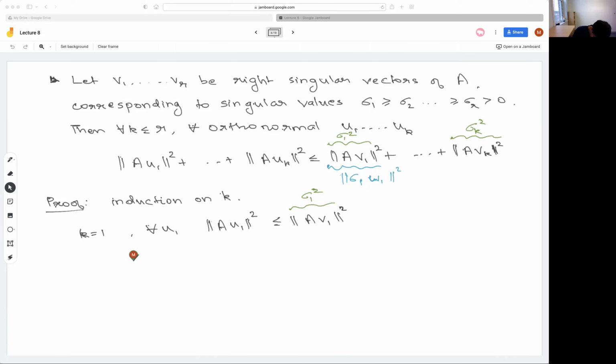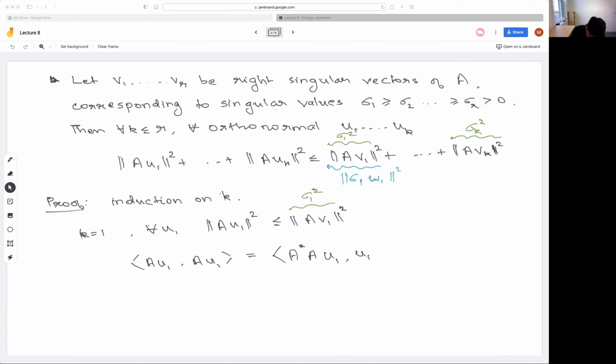So let's write down the norm of A times U1 squared as the inner product with itself. Let's use the fact that the adjoint lets us move the vector to the other side.